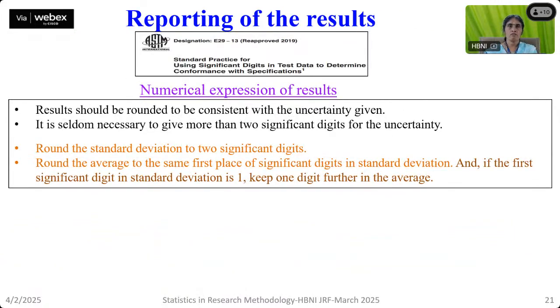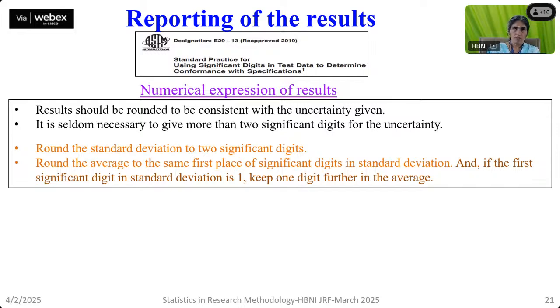This is a recommendation or formulation of how to represent the final results after applying the error propagation rules. Normally, the rules we follow presently are those from ASTM, the American Society for Testing and Materials. The title is E2930. This revision was reapproved in 2019.